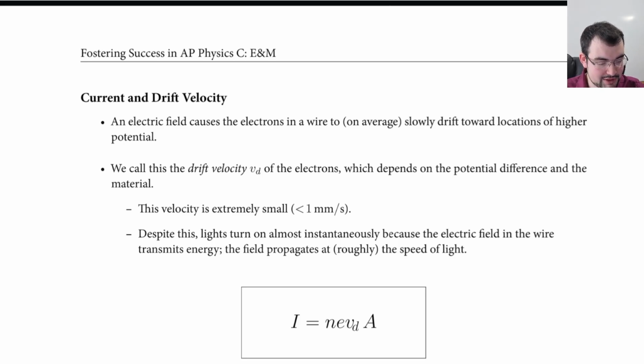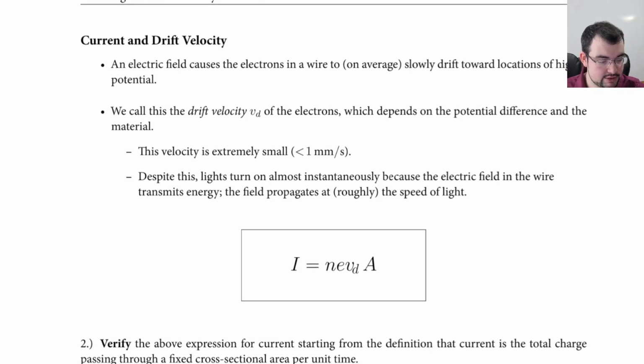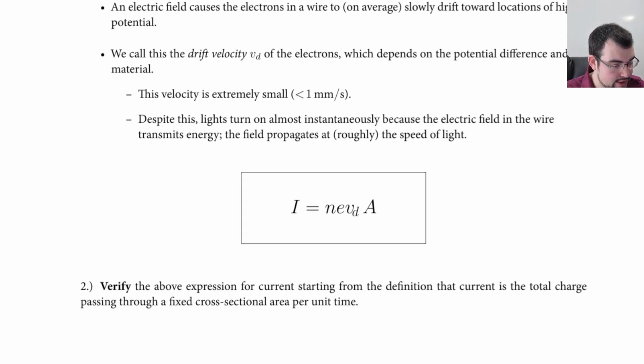The actual drifting speed of this electron in the circuit is very small. It's on the order of millimeters per second. So it would take like an hour for an electron to make it all the way around a typical circuit. So it's really the field, which we'll talk about in a later unit, this electric field that propagates through the wire, and that's roughly the speed of light that happens.